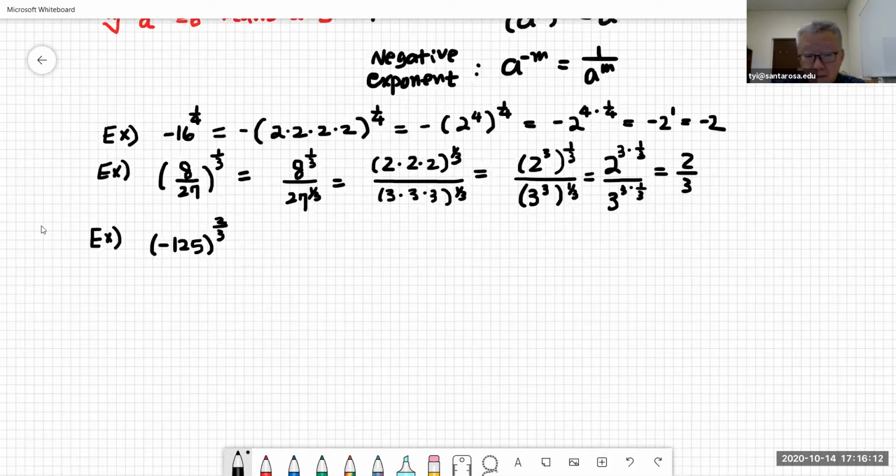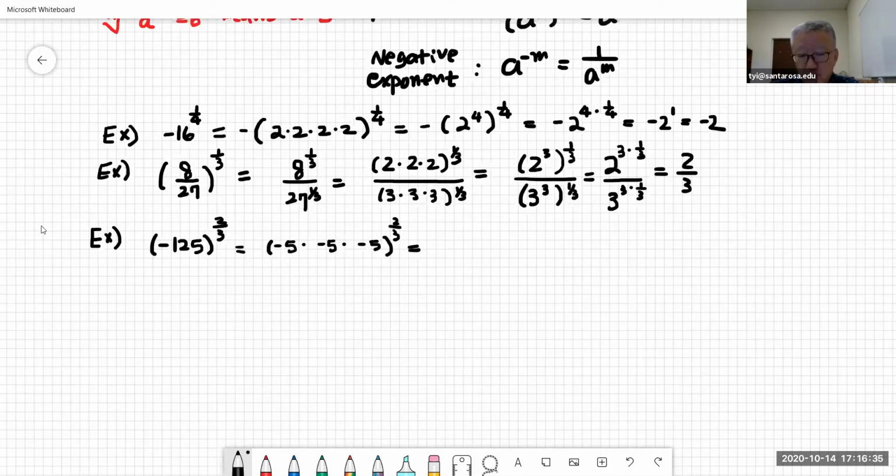Again, we want to rewrite the minus 125 with a smaller base. If you rewrite the minus 125, you would have minus 5 times minus 5 times minus 5 and the 2/3.